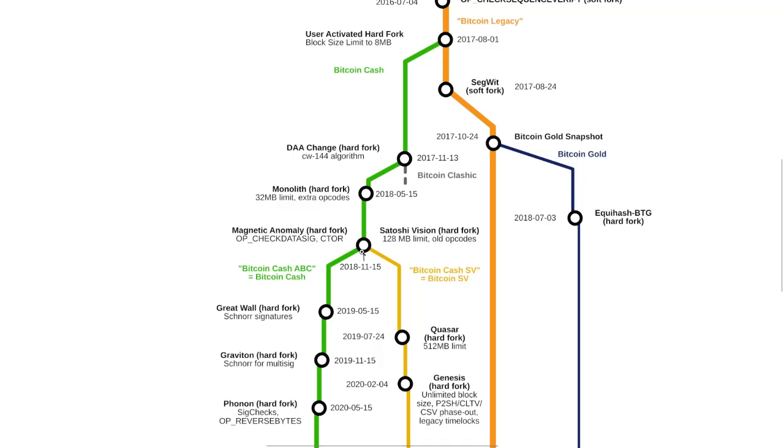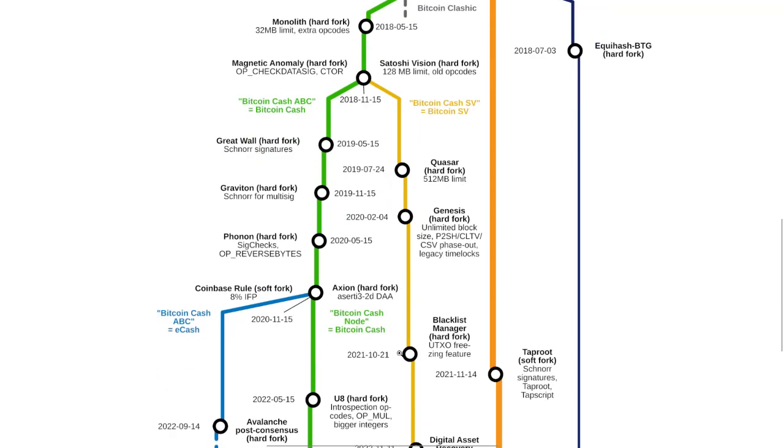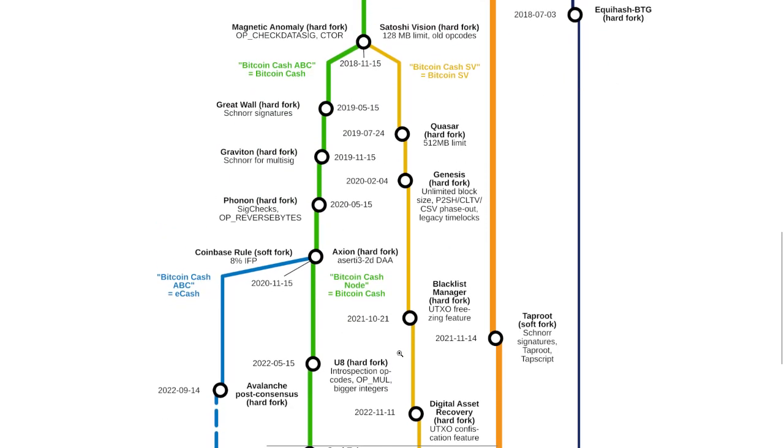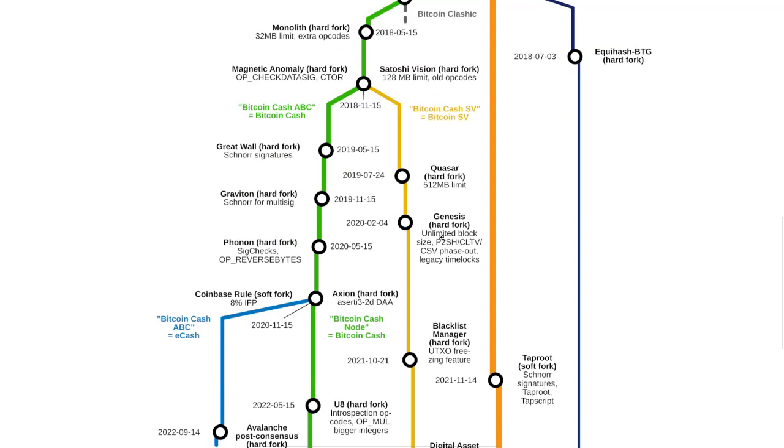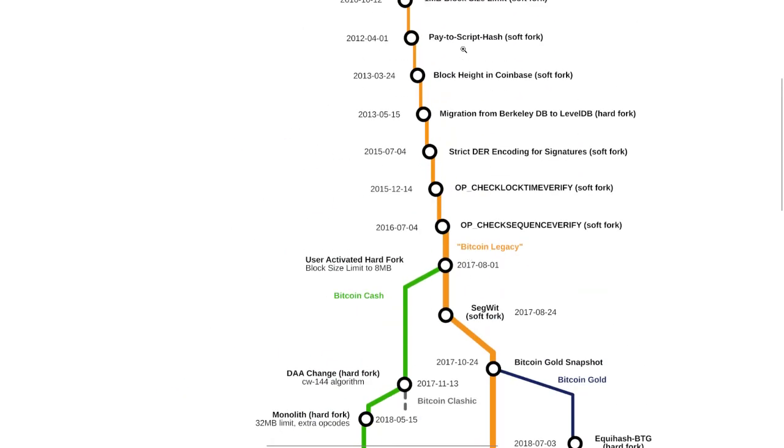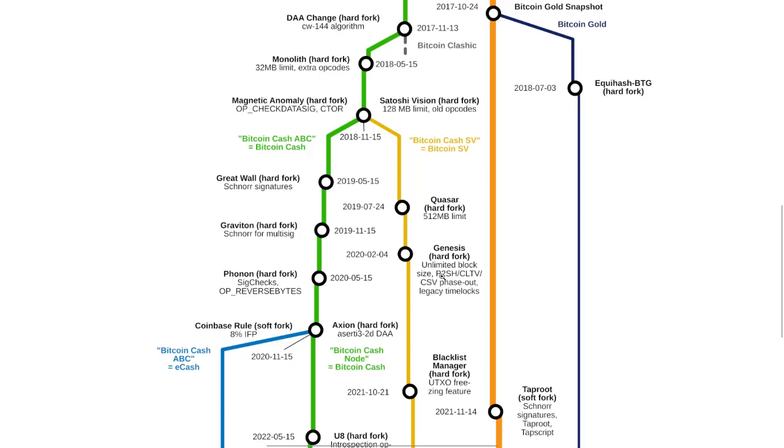And Bitcoin SV has had some pretty weird changes since. For example, they now allow for unlimited blocks. They also phased out a lot of the early innovation in Bitcoin. For example, they phased out pay to script hash, check lock time verify, check sequence verify, among other time locks.